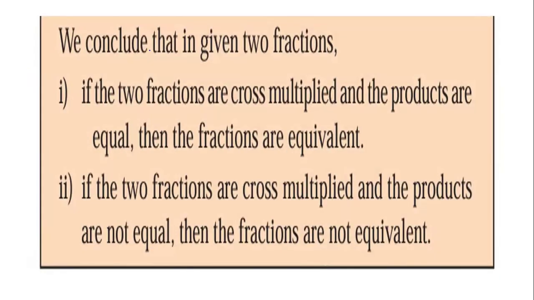Next, we conclude that given two fractions, if the two fractions are cross multiplied and the products are equal, then the fractions are equivalent. If the products are not equal, then the fractions are not equivalent.